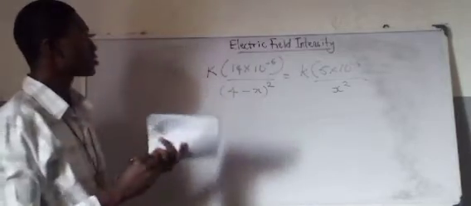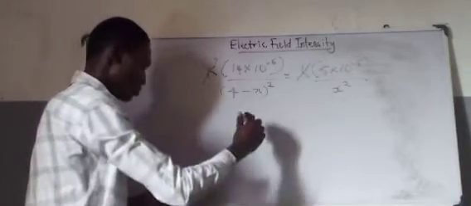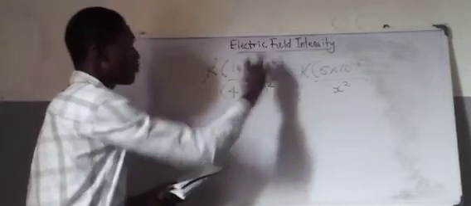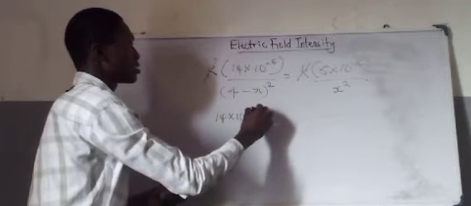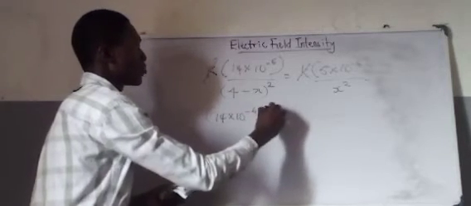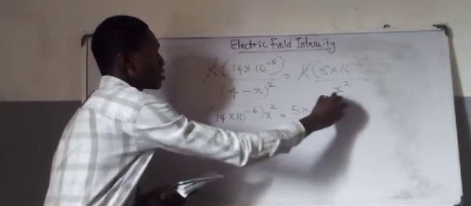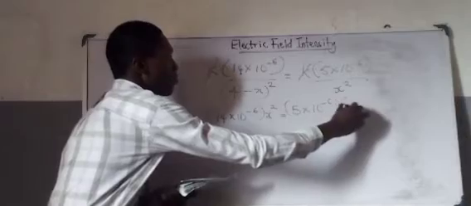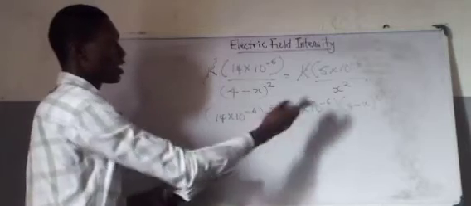All right, so our K can go. So we are left with this. Then if we cross multiply, we have 14 times 10 raised to the power minus 6 multiplied by x squared, which will give us 5 times 10 raised to the power minus 6 multiplied by 4 minus x squared. So then we can collect like terms.